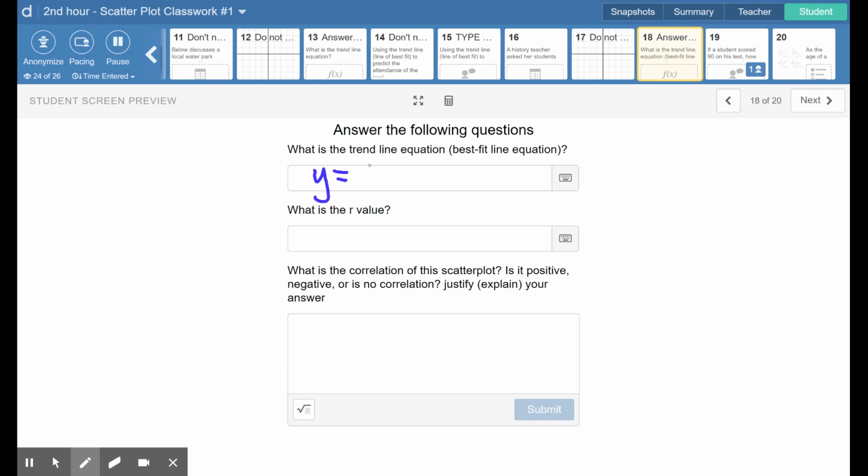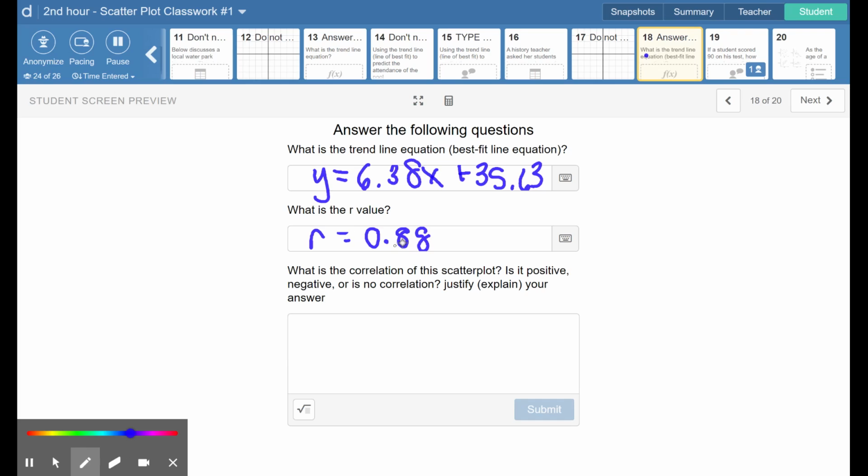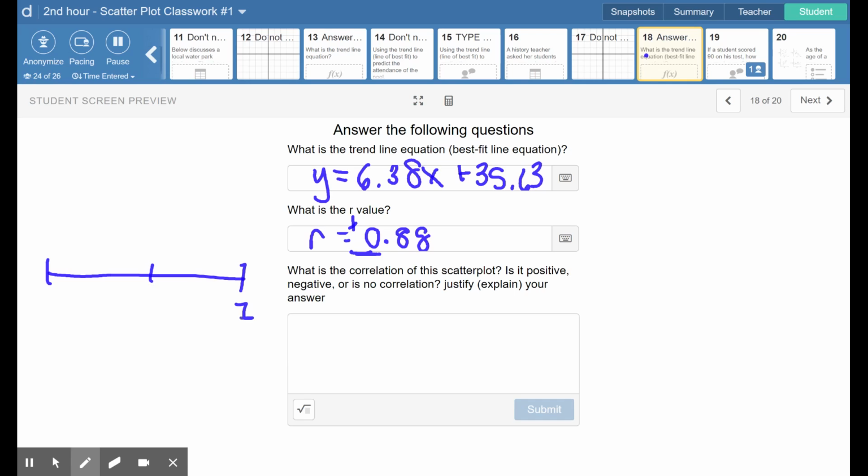But my trend line, we said, was y equals 6.38x plus 35.63, and then the R value was 0.88. Now what is the correlation? Notice that this is a positive number. If we drew that number line, this is a positive 1, 0, negative 1. 0.88 is very close to 1, so that is strong.